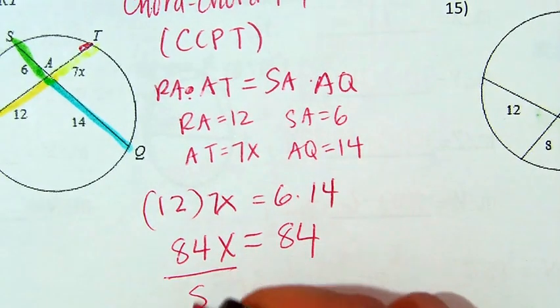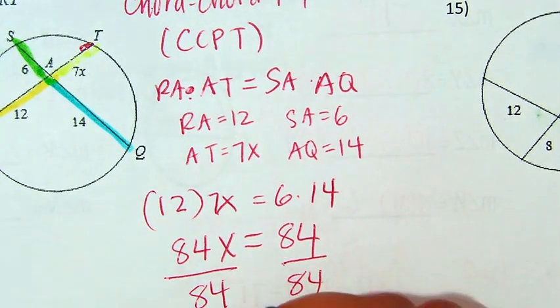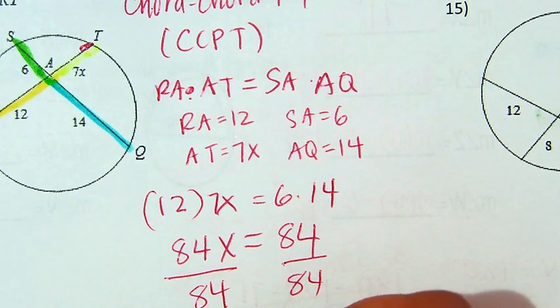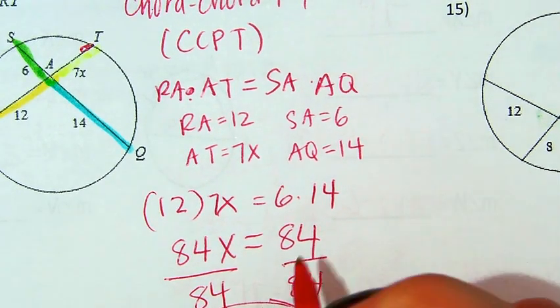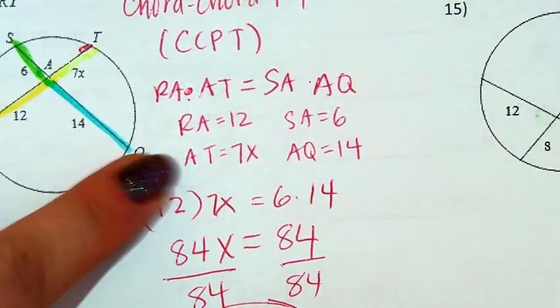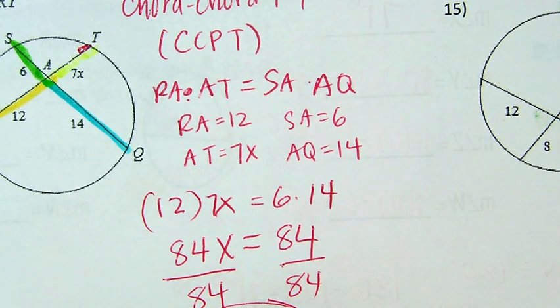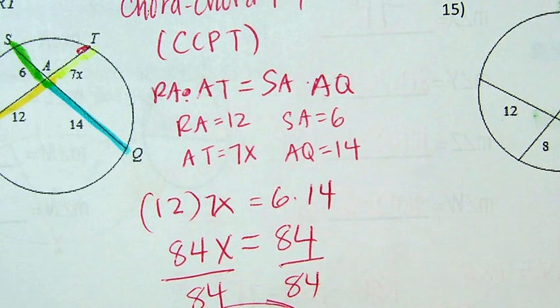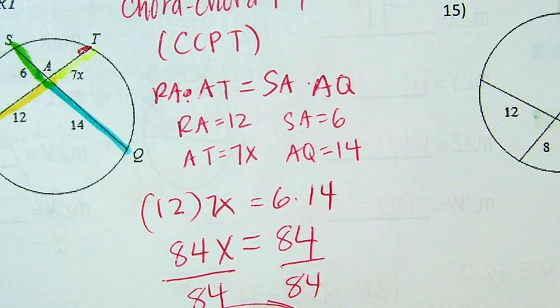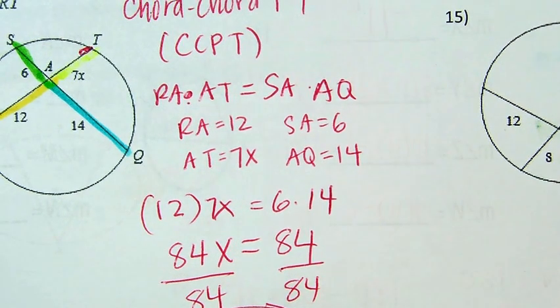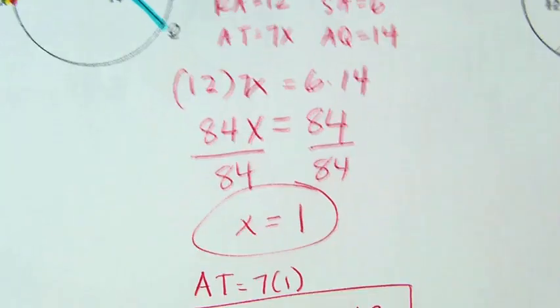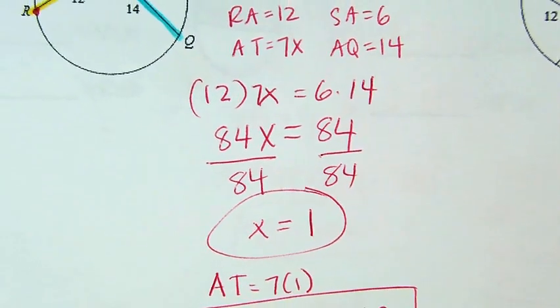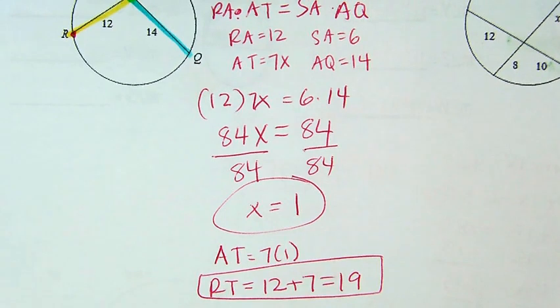So if we divide both sides by 84, x equals 1. This means that AT is 7 times 1, which means all of RT is going to be 12 plus 7, which is 19. And I'm going to leave 15 for you guys to practice.